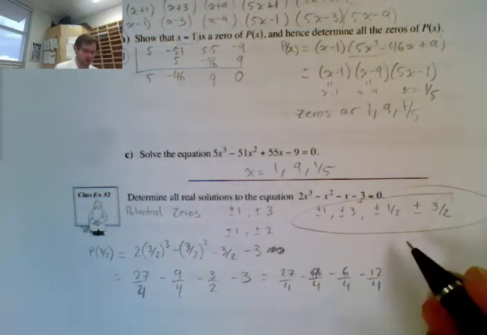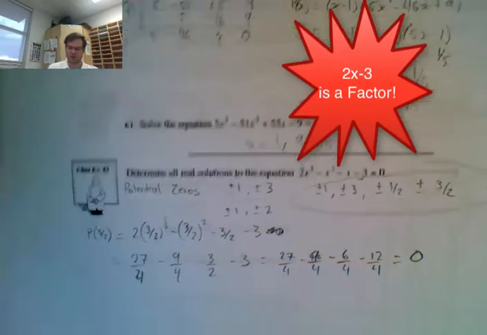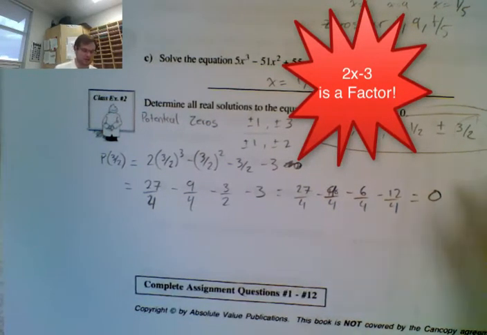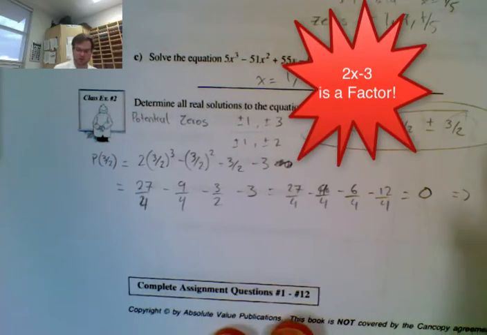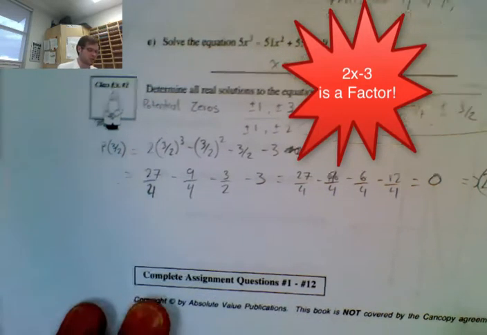So I combine all these up together, that's going to give me 0. So now I know 3 over 2 works. Okay? So one of my factors is 2x minus 3. So let's figure out what the other factor is.